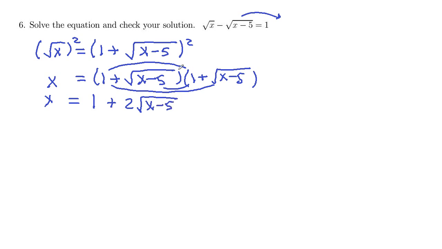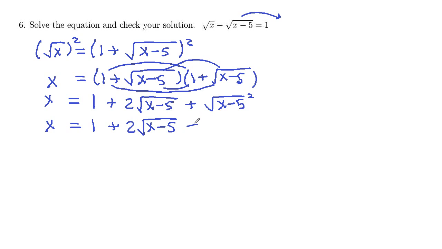And then the last terms here, root x minus 5 times root x minus 5 is root x minus 5 squared, because you multiply by itself twice. And then the root and the square are going to cancel each other out. So this will just be x equals 1 plus 2 times root x minus 5, and then plus x minus 5.